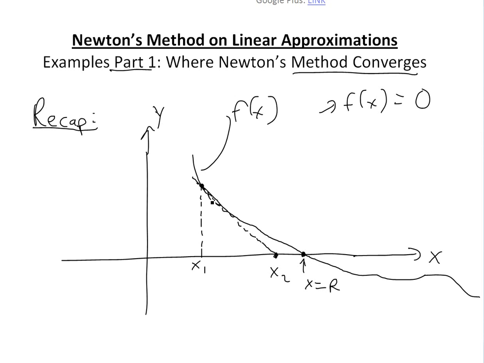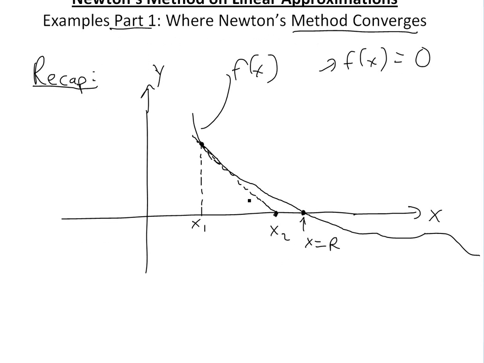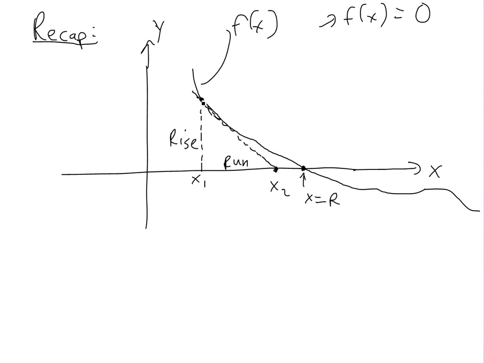So you use this equation of a line to determine what x2 is, and it's closer. Then it's an iterative process. You keep doing this over and over again, and you know that the derivative is rise over run. So the derivative at this point, f prime of x1, is equal to rise over run.